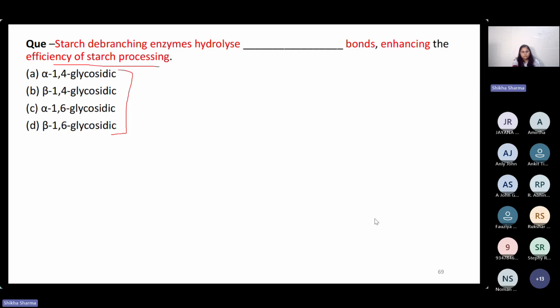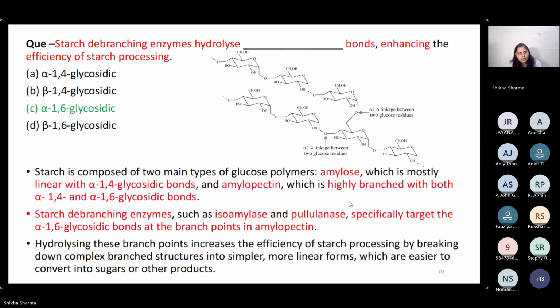Most of us are saying C, alpha 1,6 glucosidic, and one is saying A, which is beta 1,4 glucosidic bond. Okay, let's see. C is correct.